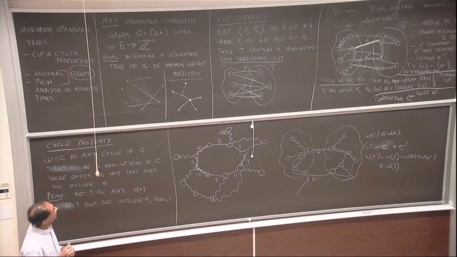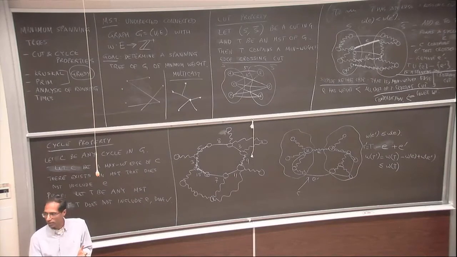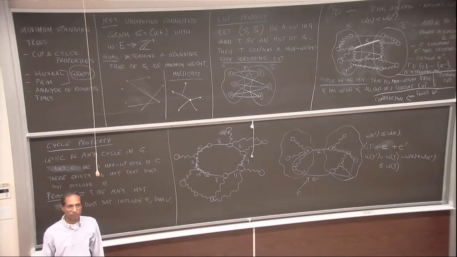The idea being that if I'm building my spanning tree and there is a cut that I'm not crossing, then I can go ahead and add a minimum weight edge crossing the cut, because that's what the first cut property says.